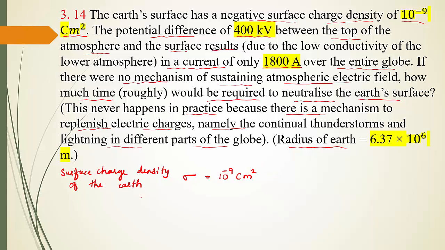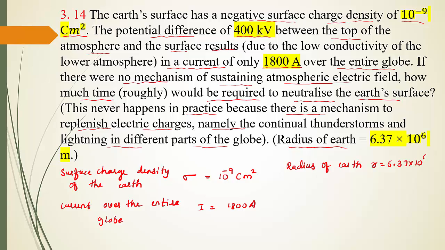Then current over the entire globe is given: I equal to 1800 ampere. Then the radius of the Earth is also given. Let us take it as R equal to 6.37 into 10 raised to 6 meter. This is the radius of the Earth.